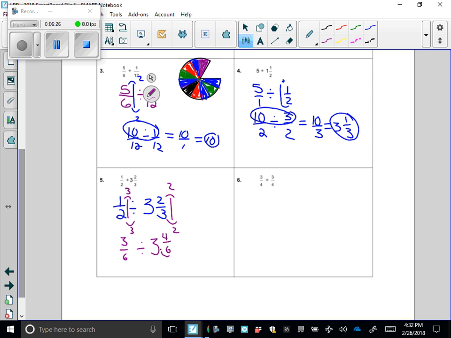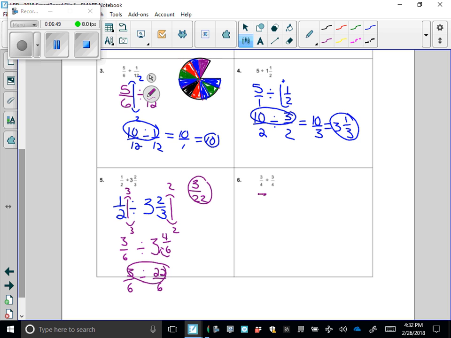Step 2, change to improper. So that's 3 times 6 is 18, plus 4 is 22. So that's 3/6 divided by 22/6. So our final answer is 3 over 22.